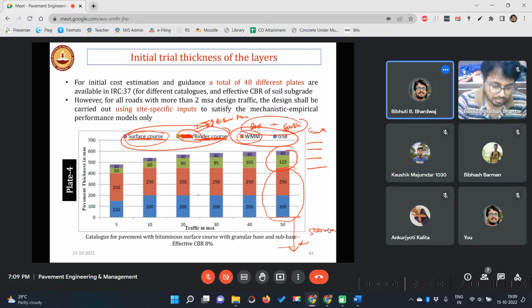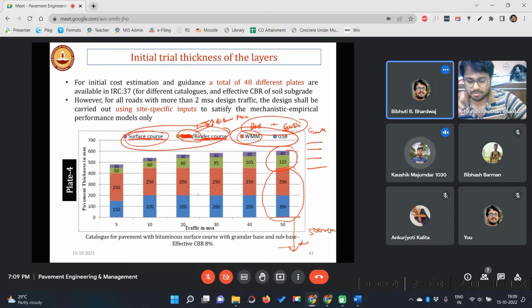Now in order to design, if you remember from your structural design class, what is the procedure of structural design of a beam? Can anyone remind me? Not only a beam, any element of a building.